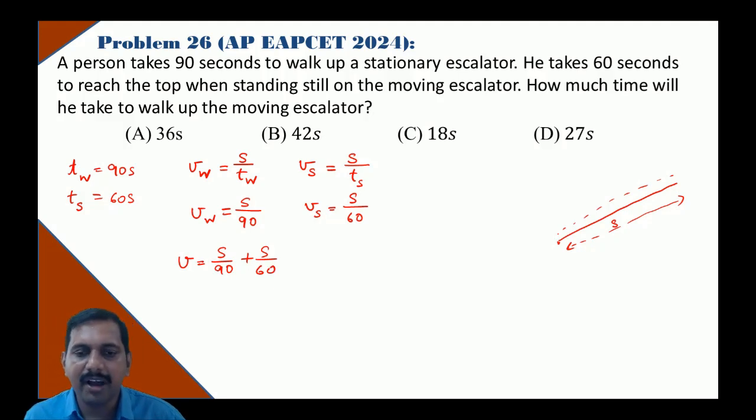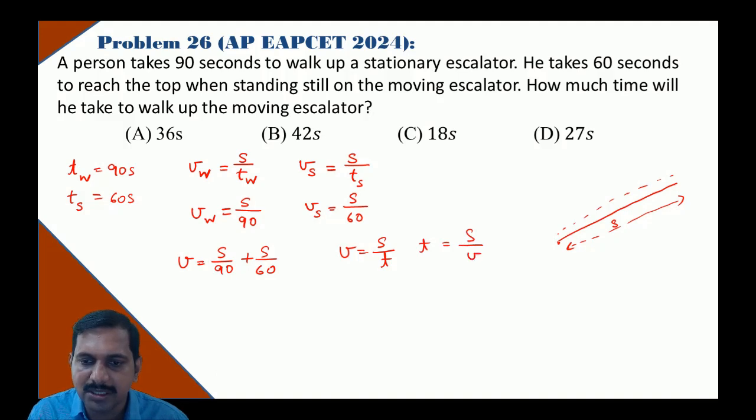Now what they have asked is the time taken. The new time taken can be calculated by using velocity is nothing but distance by time, right? So time is equal to distance by velocity.